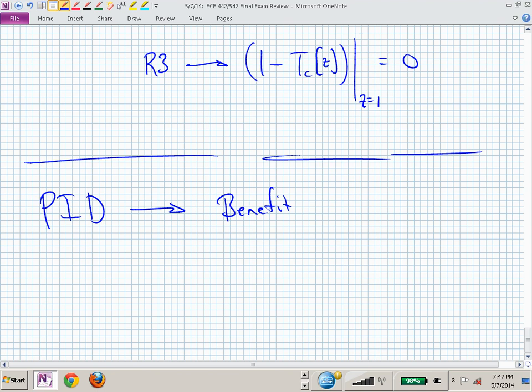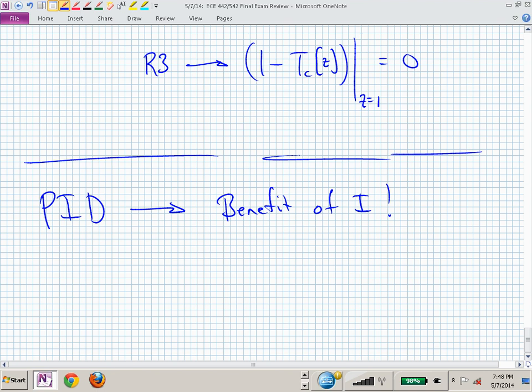Yeah, we talked about PIDs. PID, proportional integral. What's the benefit of I? Steady state accuracy, right? What's the D, the derivative? What does that give you? That maybe helps you with your transient. That may speed up your response.